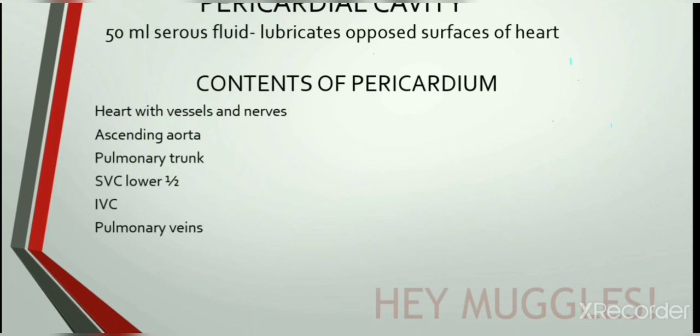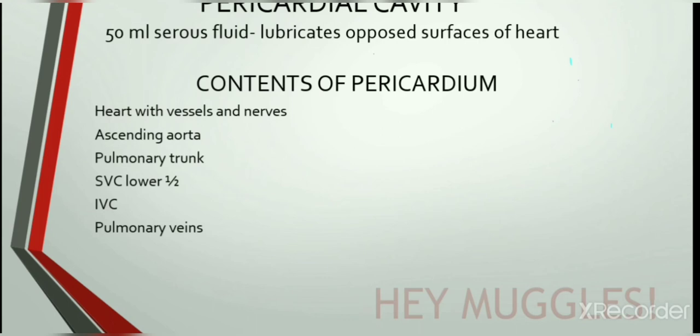Coming to the contents of the pericardium, the most obvious and most common content is the heart, and obviously the vessels, that is the superior vena cava, the aorta, the root of the great blood vessels. The root of the great blood vessels includes the ascending aorta, the pulmonary trunk, and the lower half of the superior vena cava.